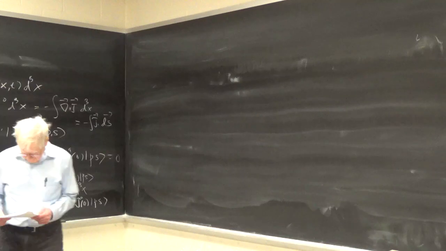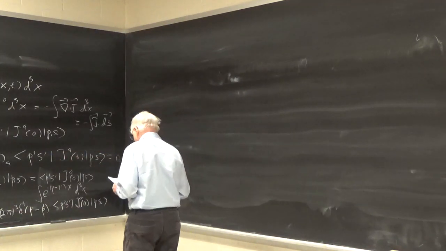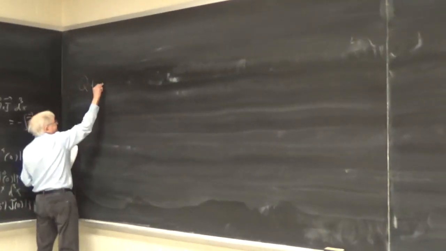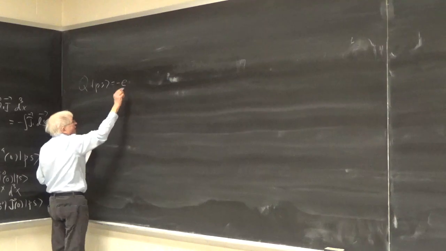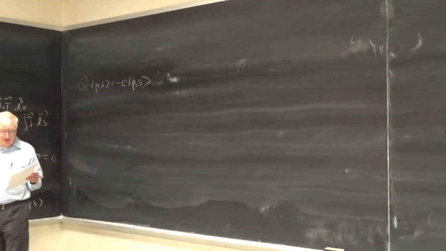So it's even. On the other hand, we expect that the charge operator on the state PS of one electron gives minus e times PS.